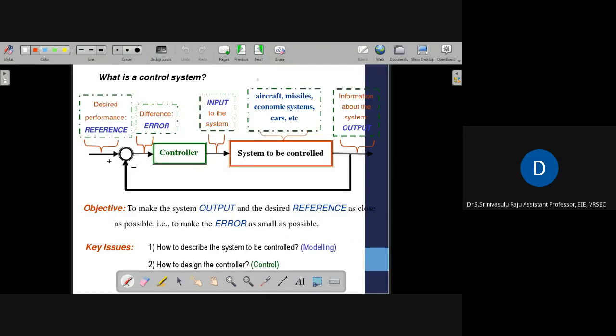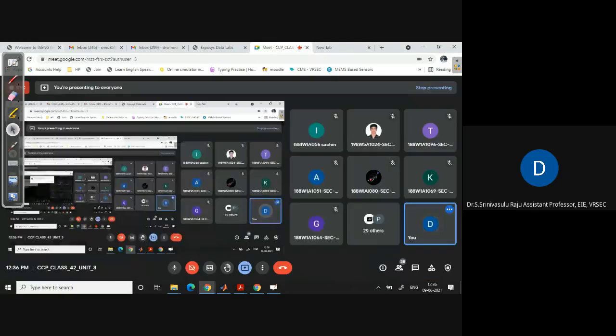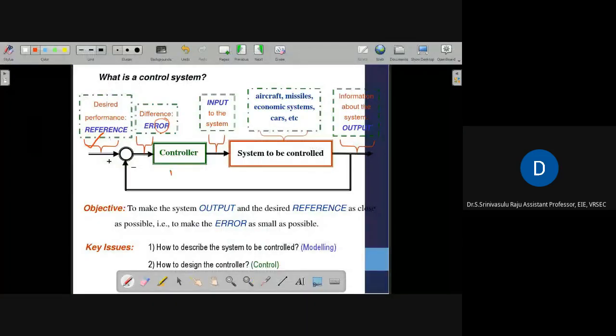So this is a control system, right? All these things we know. It requires a set point and reference input, and we are going to calculate the error. The error is going to be provided to the controller, so our interest is to design the controller block. The controller output is given to the process system which is going to be controlled, that is nothing but the input to the system.